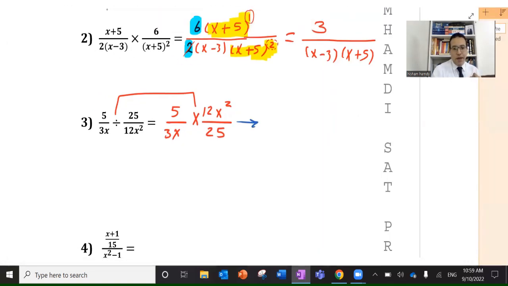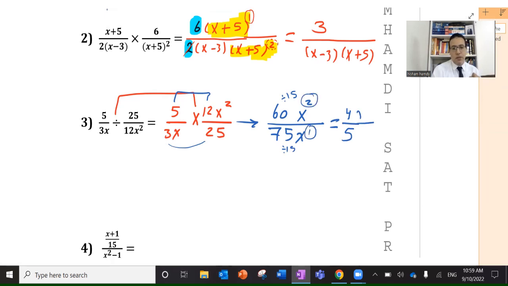I can multiply them. So 5 multiplied 12 is 60x squared divided by 75x, 3 multiplied 25x. Then I divide up by 15, gives me 4. I divide down by 15, gives me 5. And x squared divided by x power 1, subtracting the power, so it's 4x over 5.